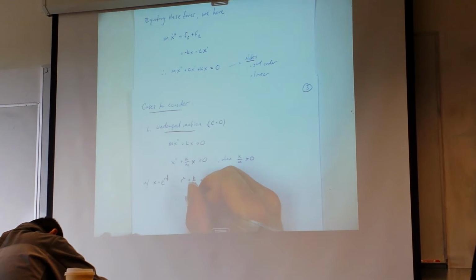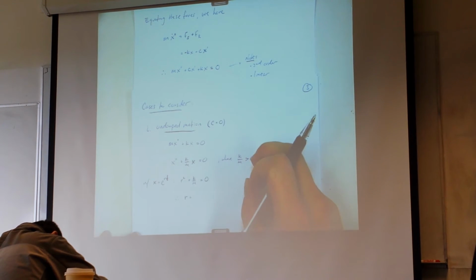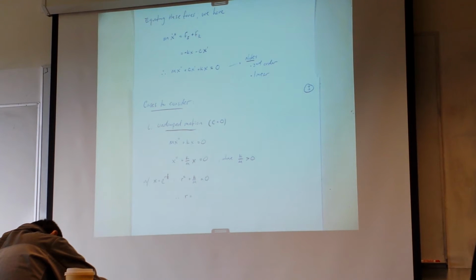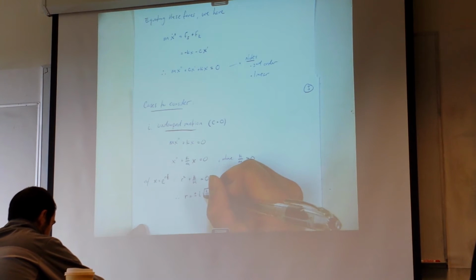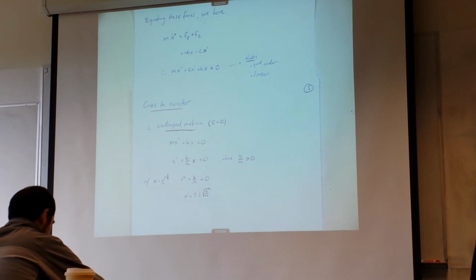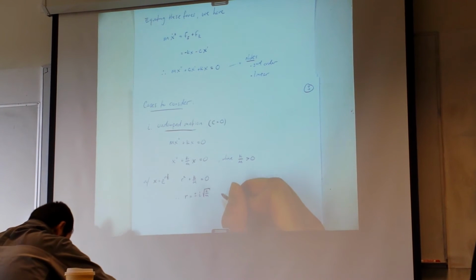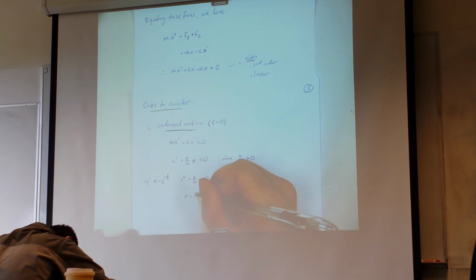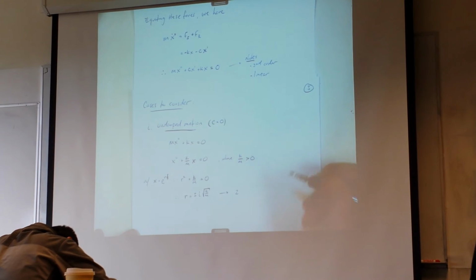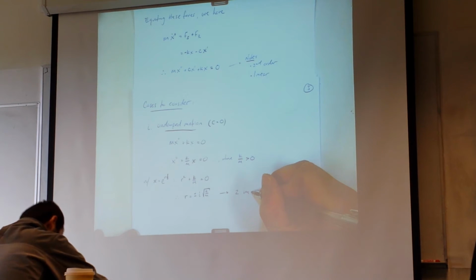We get r equals negative k over m, take the square root, so plus or minus i times the square root of k over m. So two imaginary solutions, purely imaginary, 0 plus or minus i times root k over m, but they're distinct.